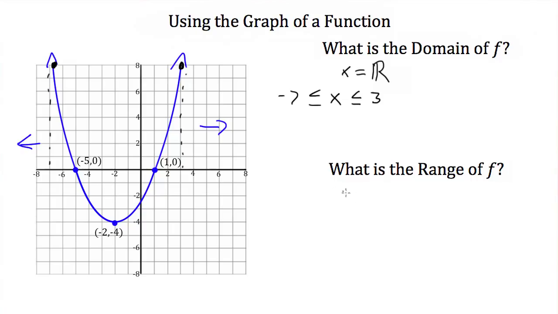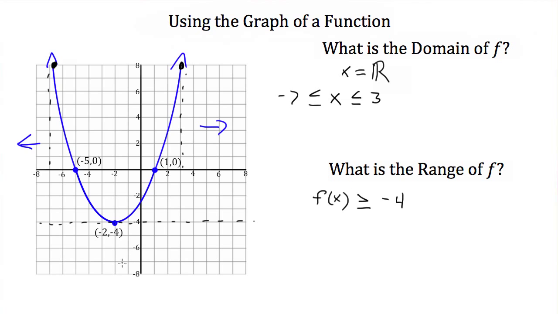Now we're also asked, what is the range of our function? Now the range is all the y values that we can get. Well, again, this graph appears to go up forever, but since this is a parabola, there is a minimum y value. So our range of f is that our function, f of x, has to be greater than or equal to negative 4.